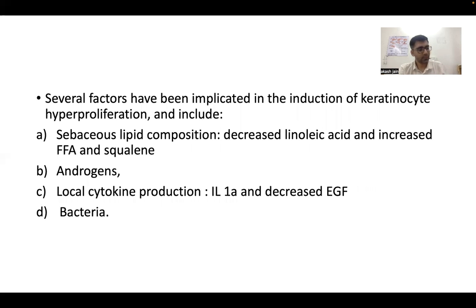Several factors have been implicated in the induction of keratinocyte hyperproliferation, which include sebaceous lipid composition, decreased linoleic acid, increased free fatty acid and squalene, androgens, local cytokine production of interleukin 1, decreased VEGF, and bacteria. So this will all cause increased proliferation of keratinocytes.